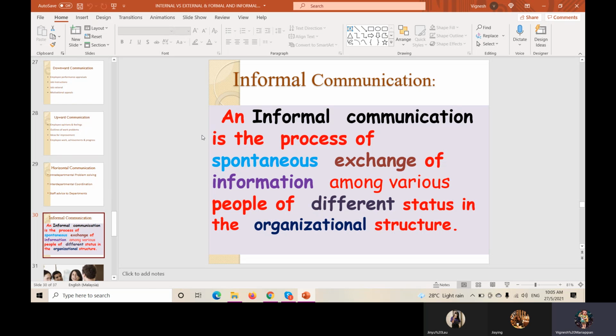Okay, informal communication. Yes, formal communication, teacher said you have to follow the company rules and regulations. You should have the objective. You have to use full sentences. So it means you have to conduct formal communication very strictly. But informal communication is not like that.